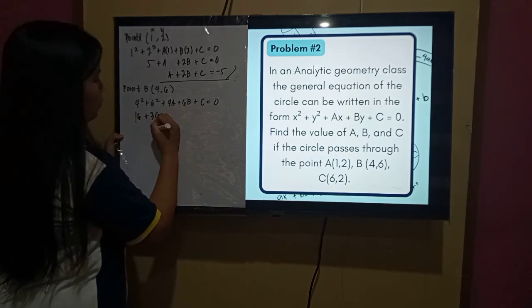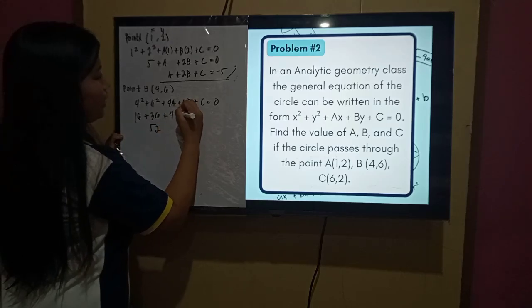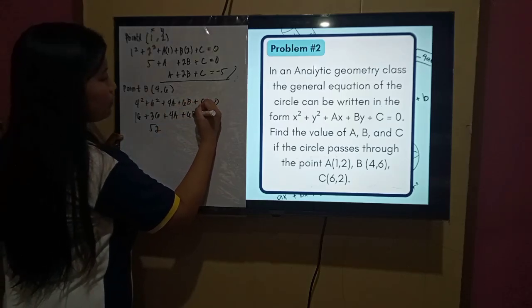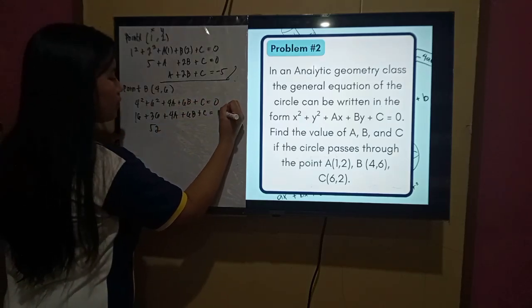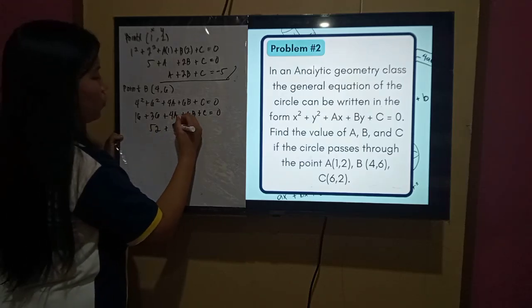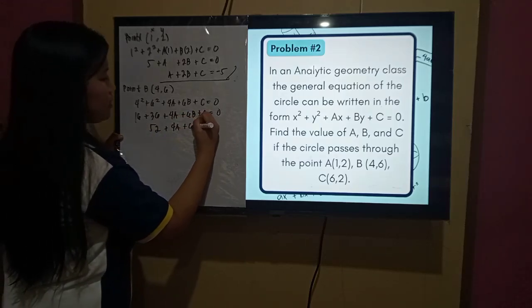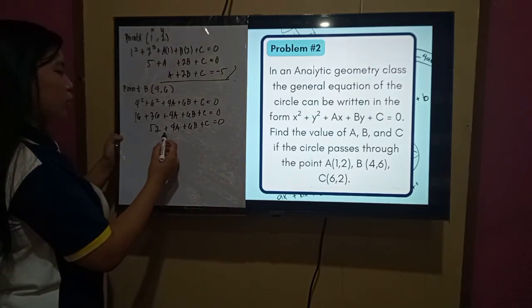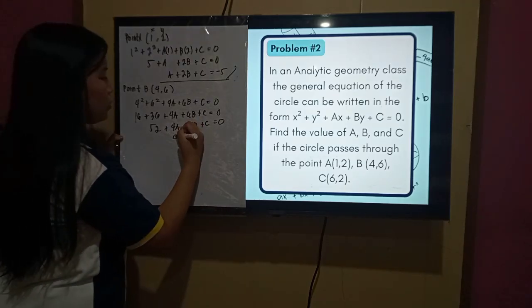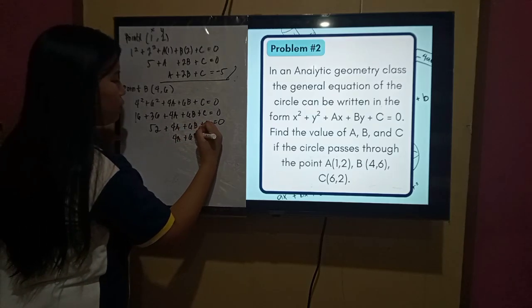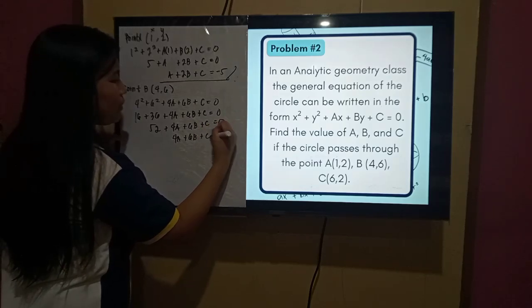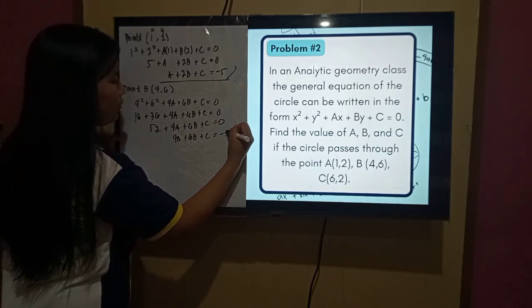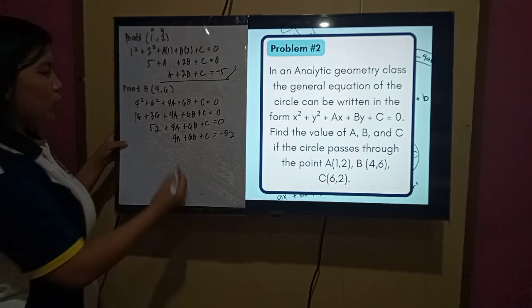So, 52 na to, okay? 4a, write lang natin to muna. 52 plus 4a plus 6b plus c is equals to 0. So, ngayon, ililipat lang ulit natin to dito. Itatranspose natin siya. So, we have 4a plus 6b plus c is equals to negative 52. So, ito na yung second equation natin.